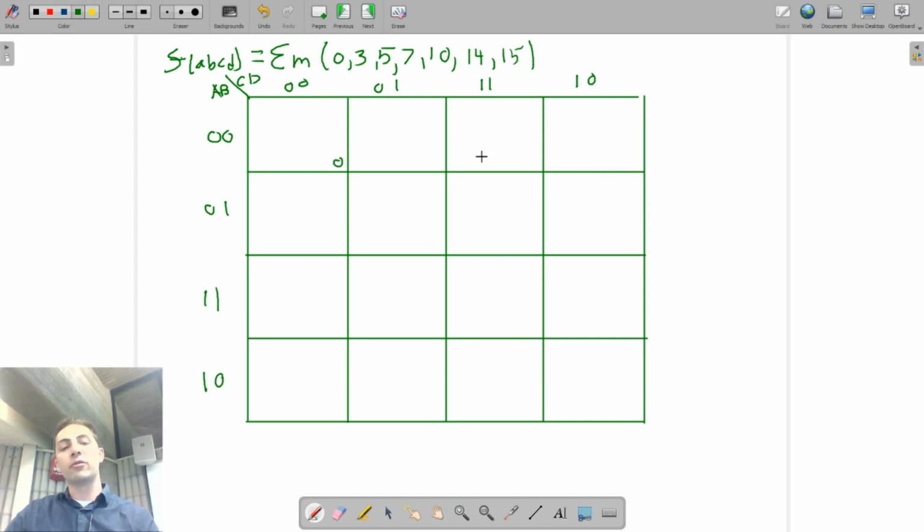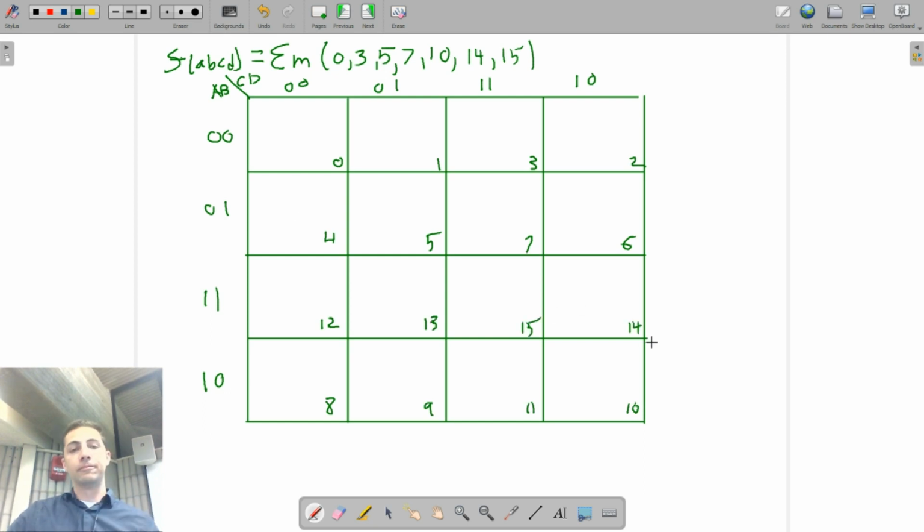So very briefly, let me write down what the cell numbers are. It's 0, 1, 3, 2, 4, 5, 7, 6. I'm going to skip the third row entirely and say 8, 9, 11, 10, and finally go back to the third row for 12, 13, 15, 14.